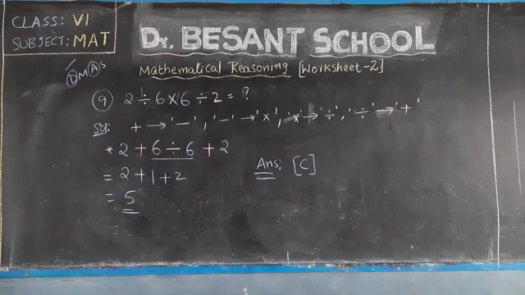Divided by is to be used as plus. So plus 2. First which operation to be done? Division. So 6 divided by 6, how much? 1. So 2 plus 1 plus 2. Here we have only one operation, that is addition. So 2 plus 1, 3. 3 plus 2, 5. So 5 is our answer. If we check out the options, it is C.